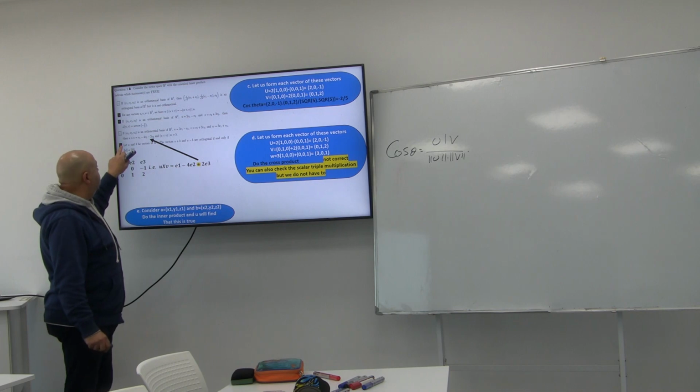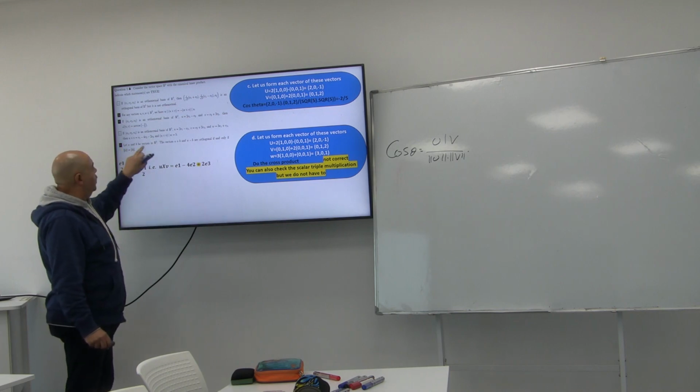For number E, he's giving you A and B be vectors in R3.